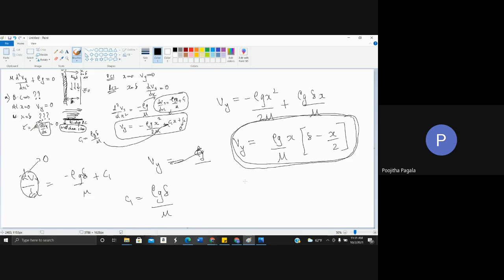Let us see what the fluid flow profile looks like, let us try to imagine. So this is the wall. Actually I'll draw it vertically.